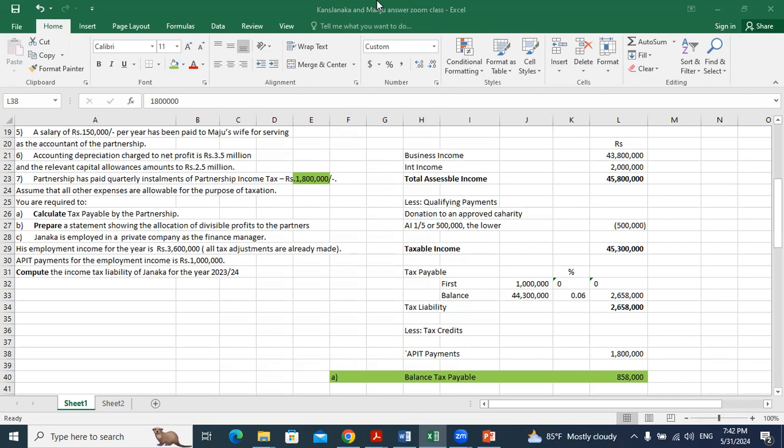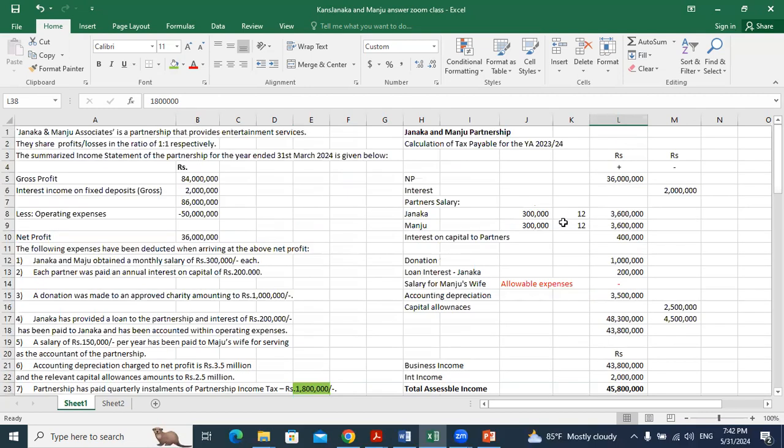One of our participants is asking, why can't we add this 1.8 million when we identify this net profit? Forget about the partnerships. Think about the company: profit before tax, profit after tax, thereafter profit available to the others.